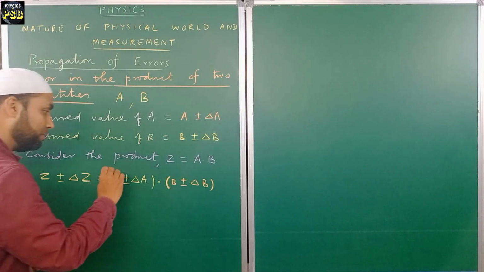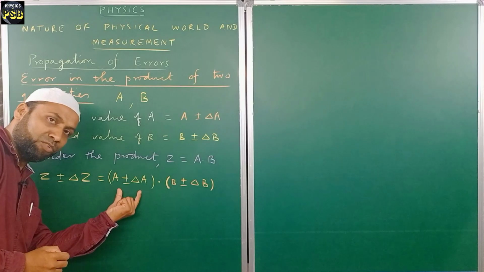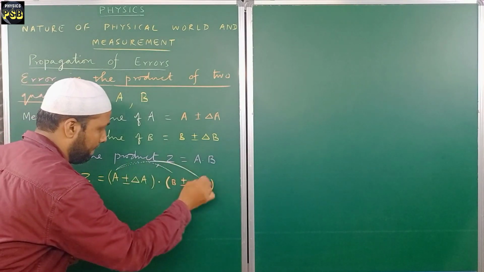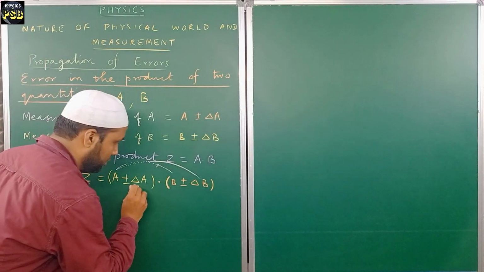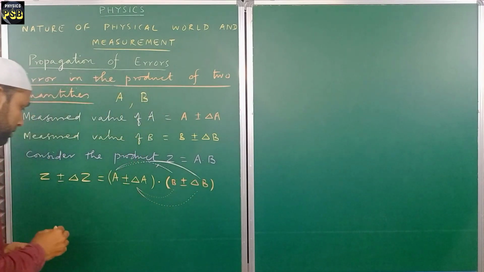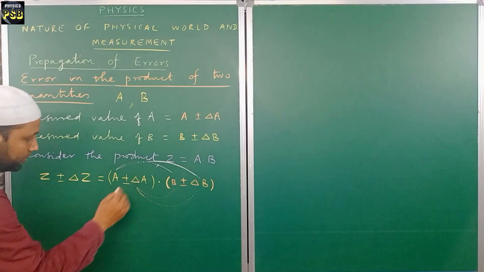I'm going to multiply each term with the components present within the bracket this way. Fine. And the same thing I will do with this as well. Delta A is multiplied with the B, then it is multiplied with the delta B. Let's find out what I get by doing so.